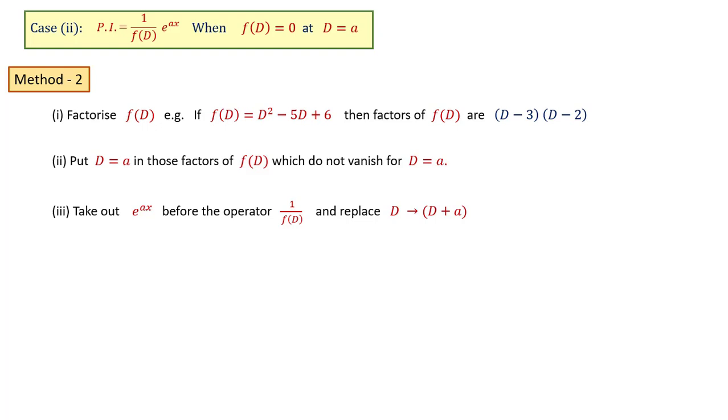Next step, take out e power ax before the operator 1 upon f(D) and replace D by D plus a. Fourth step, now replace 1 upon D by single integral and 1 upon D square by double integral and so on. Next step, find the particular integral after integration.